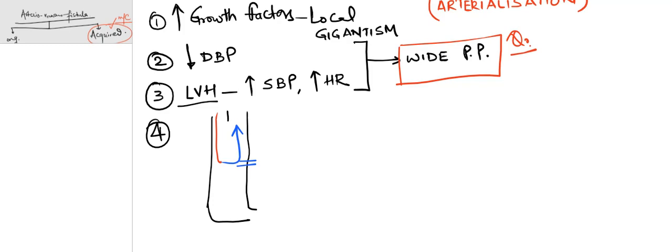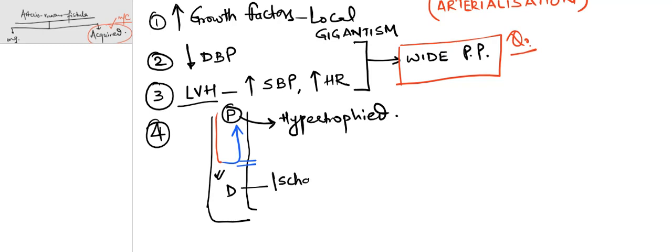The proximal site is gaining a lot of growth factors, so it's getting hypertrophied. You'll see a swelling, the part is hypertrophied. Now the part just distal to it has lost its arterial supply, so this part is actually ischemic, and this is prone to develop ulcers.